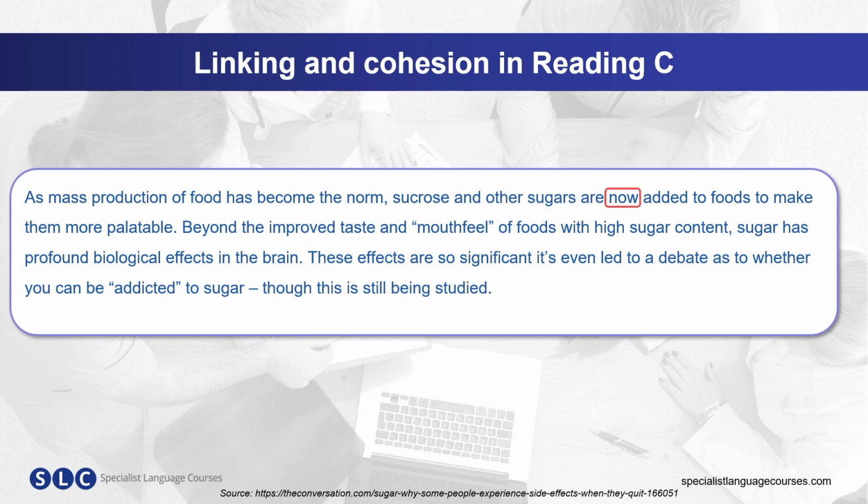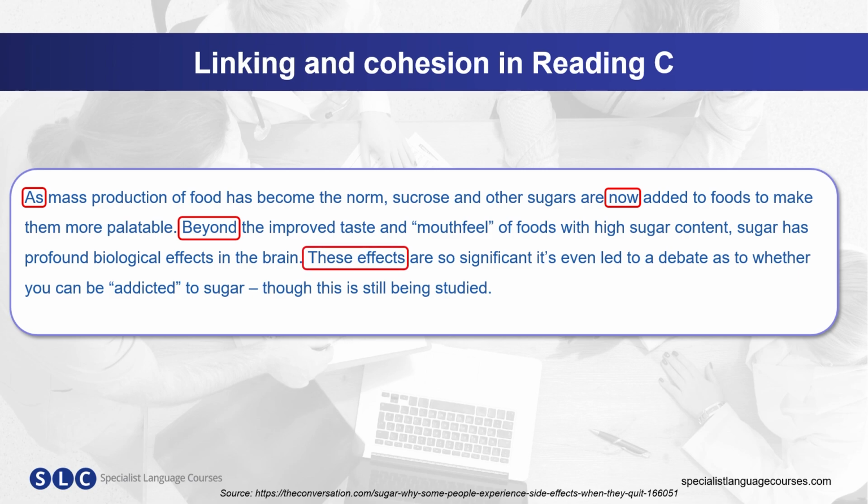We can see that "now" is used in the first sentence as a time sequencer to describe the change in trend and how sugar is currently added to make foods tastier. The "as" at the beginning of the paragraph expresses the reason for this. "Beyond" is used to highlight the negative effects sugar has on the brain, suggesting there are consequences more than just changing the taste of food.